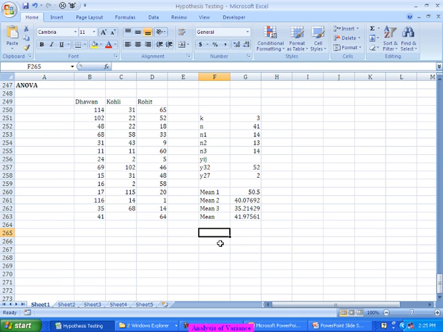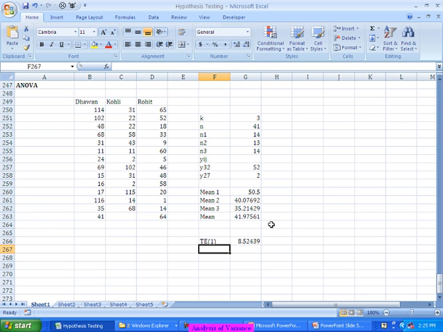Whenever we use the word treatment effect, it is nothing but the individual mean minus the overall mean. The individual treatment mean minus the overall data mean.